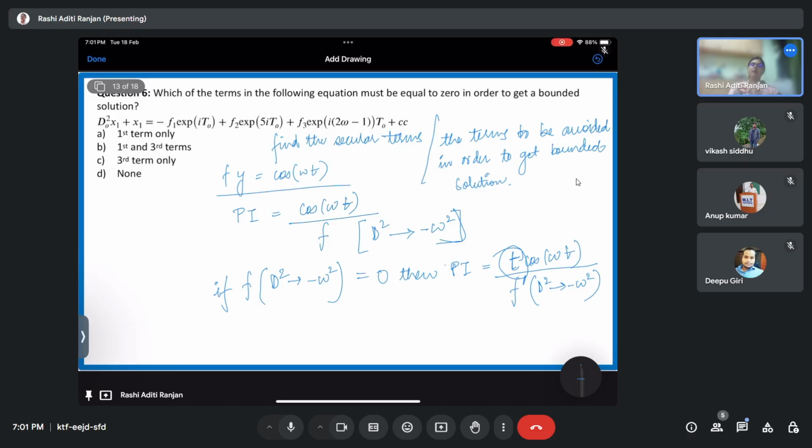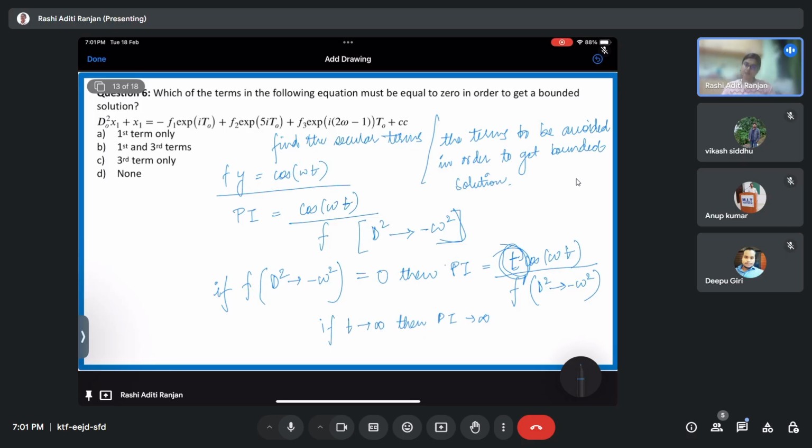But if you see over here, for the particular integral, if t goes to infinity, then the particular integral also goes to infinity.